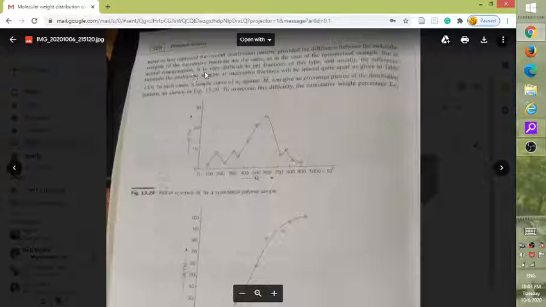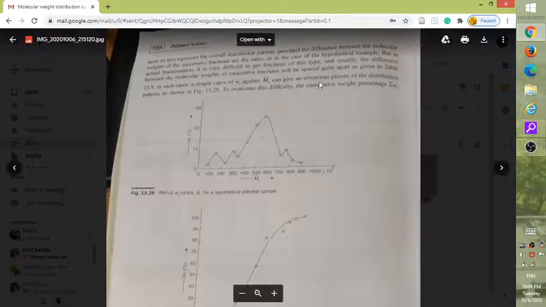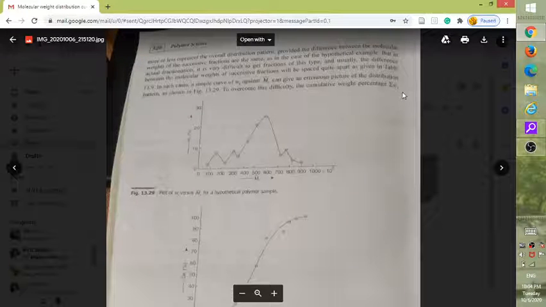But in actual fractionation, it is very difficult to get fractions of this type, and usually the molecular weights of the successive fractions will be spaced quite far apart, as given in the table. In such cases, a simple curve of Wi against Mi can give an erroneous picture of the distribution pattern, as shown in figure 13.9.